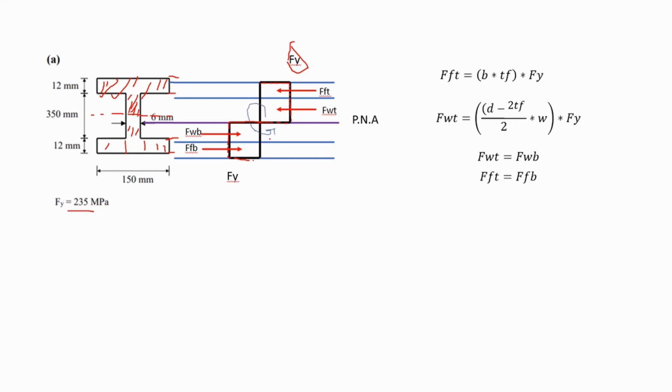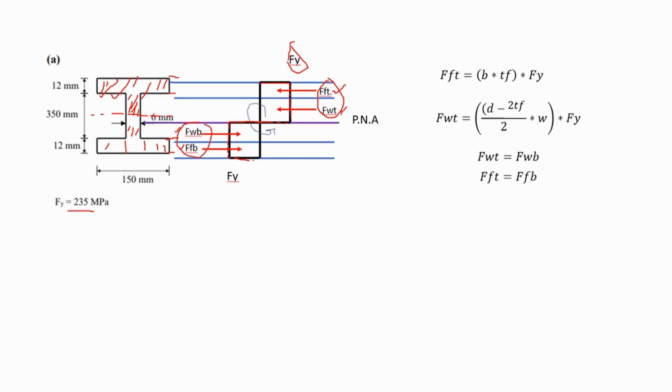To move on with the problem, first of all, I have to calculate the force in each part. So I have to calculate the force in the flange top, the force in the web top, and these two. Since this shape is symmetrical, these forces here would be equal to the forces over there.